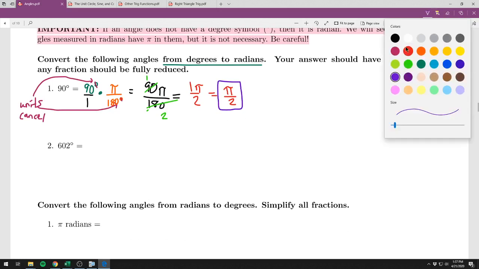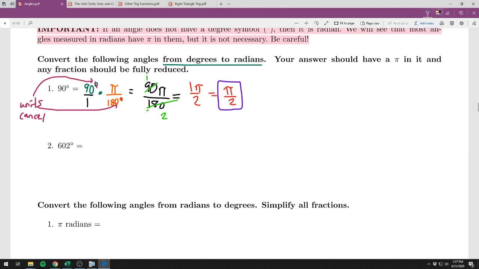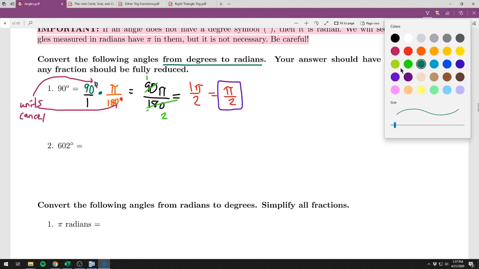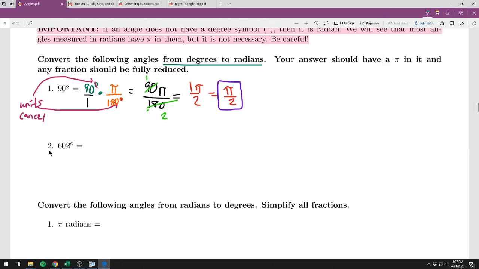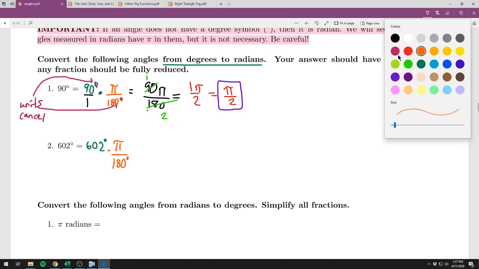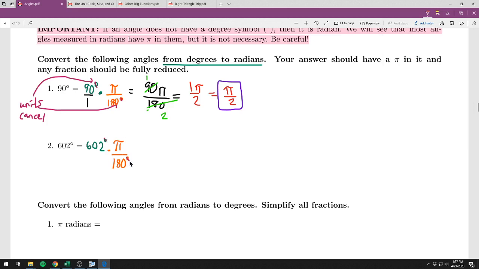All right, now I just have one more here, just to stress that the angles don't have to simplify much if they're not very nice, and that's quite fine. So number 2 here, we want to do the same thing. We want to convert 602 degrees to radians. For the same reason as last time, to get the units to cancel, we put the 180 on the bottom and the pi on the top. So the degrees cancel.